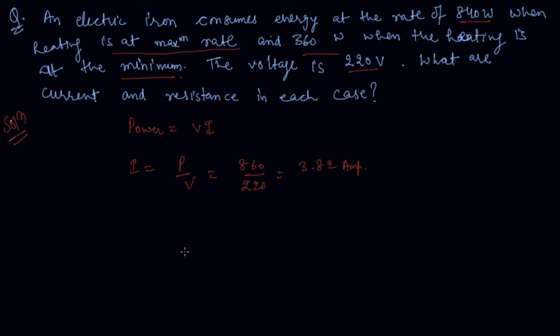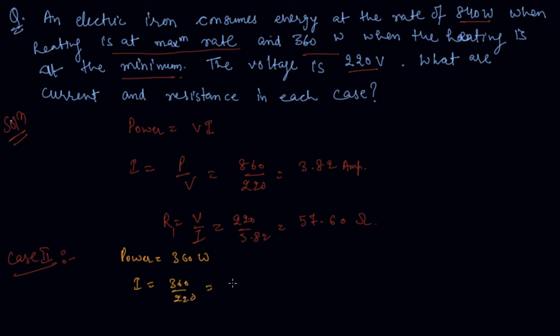Now we know the current and the voltage, so from the relation R equals V by I, we can find the resistance, which comes out to be 57.60 ohm. This is case 1. In case 2, when the power is minimum, which is 360 watt, the current will be 360 upon 220, which is 1.64 ampere.